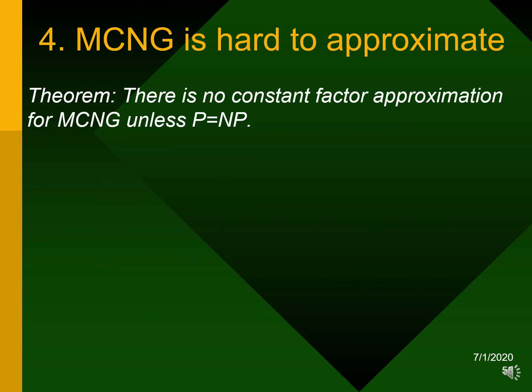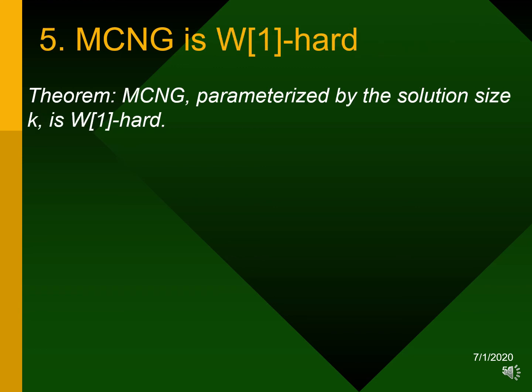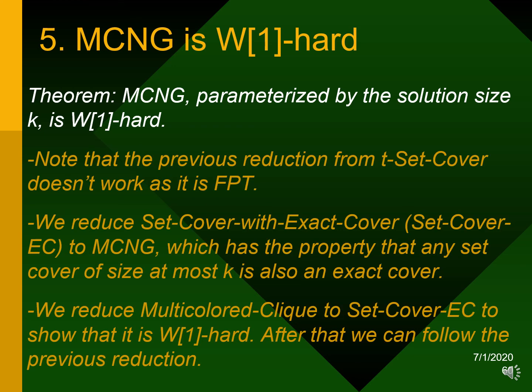So this is the conclusion in the inapproximability result. For the second negative result, that MCNG is W[1]-hard, we just use very much the previous reduction.